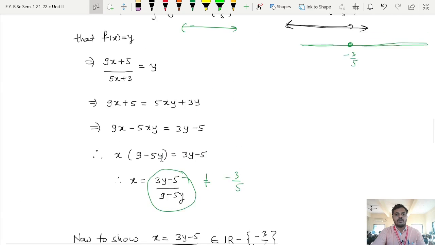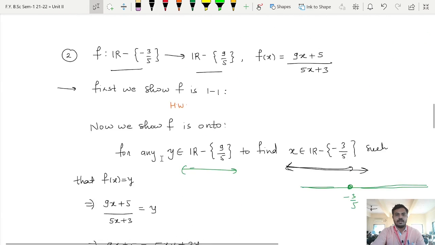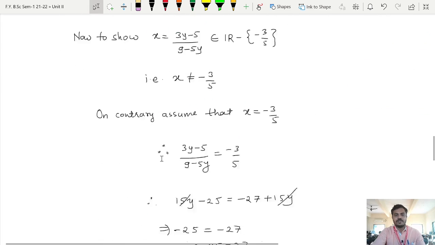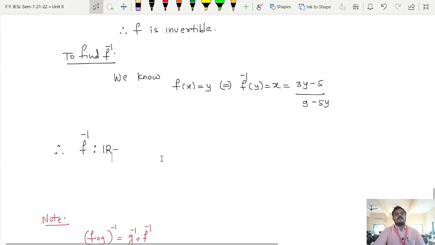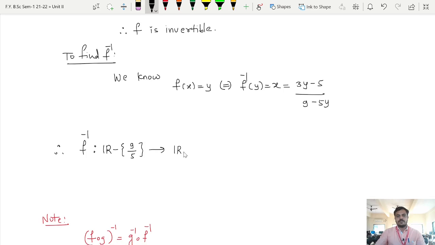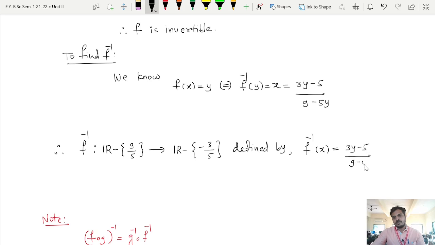The codomain was R minus {9/5}. Now that is going to be our domain. So f inverse is a map from R minus {9/5} to R minus {-3/5}, defined by f inverse of y is equal to (3y minus 5) upon (9 minus 5y), and that is exactly what we wanted to do.